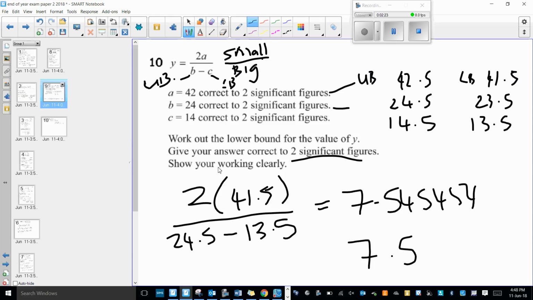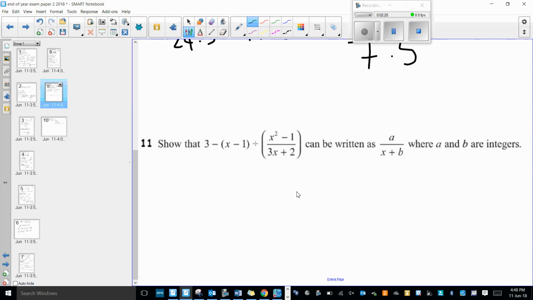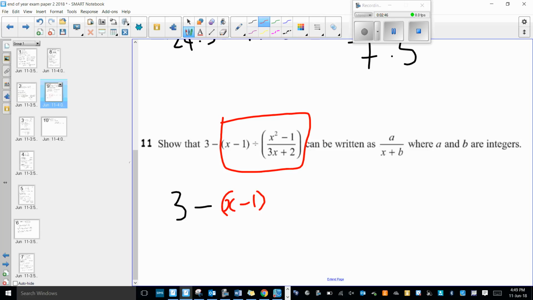This one, I've been through with you already. We need to always follow BEDMAS, so we need to do the division before we do the subtraction. So we've got 3 subtract x minus 1. If we're dividing by a fraction, we're going to multiply by its reciprocal.